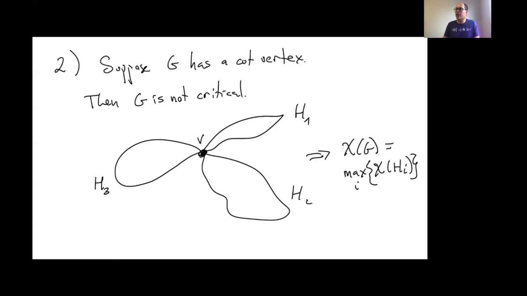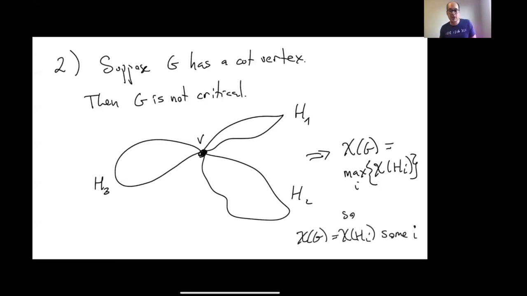In particular, coloring the graph G is no harder than coloring any of these 3 blocks that compose G. The chromatic number of G has to be at least as big as the chromatic number of the smaller bits, but it's no bigger either, so it's the maximum of them.